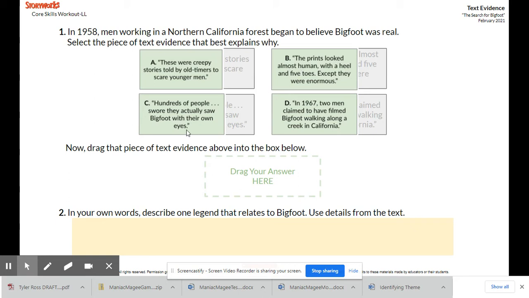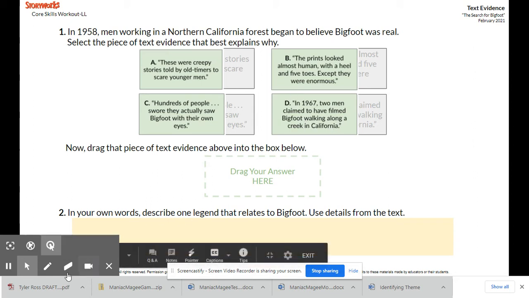C. Hundreds of people swore they actually saw Bigfoot with their own eyes. Or D. In 1967, 2 men claim to have filmed Bigfoot walking along a creek in California.